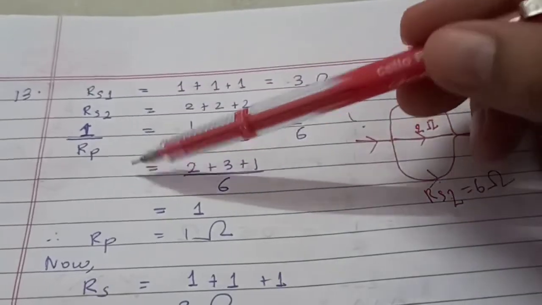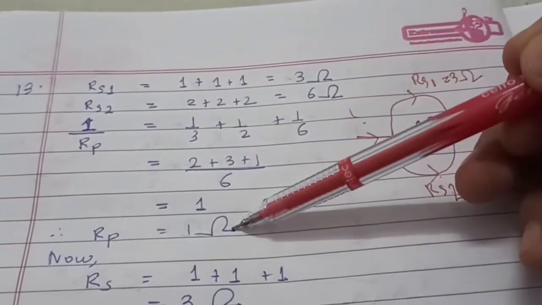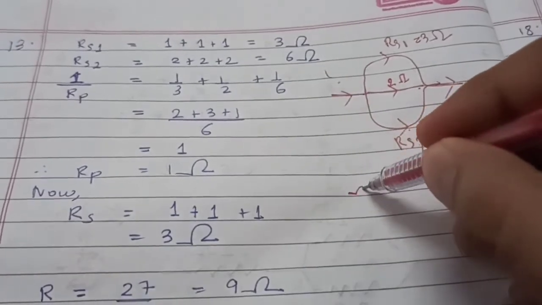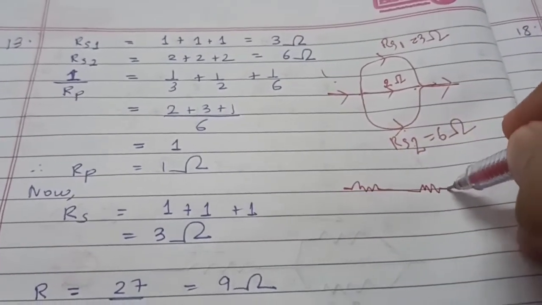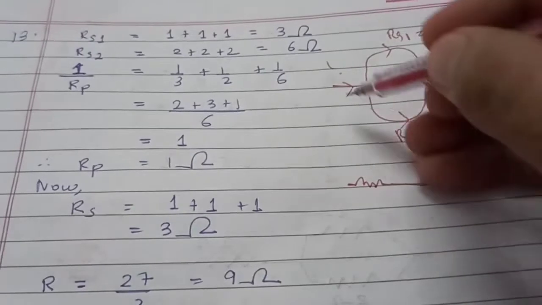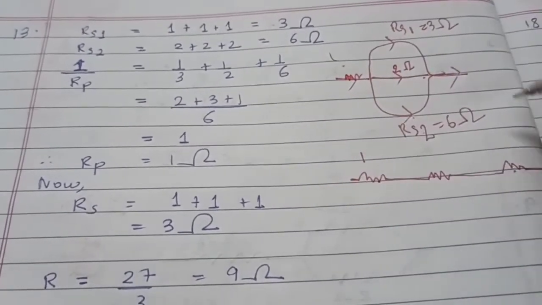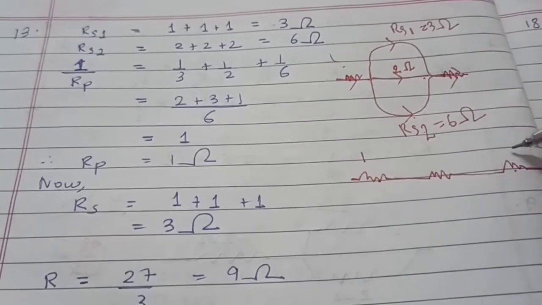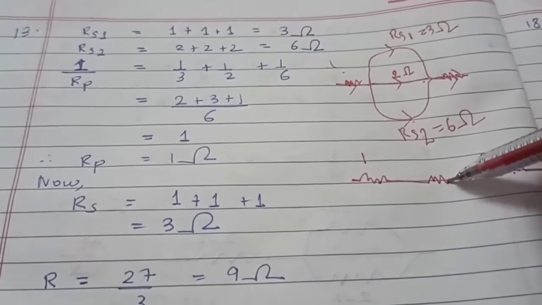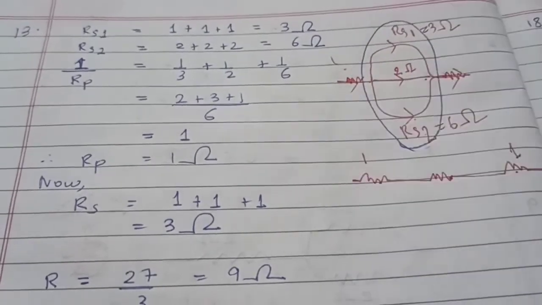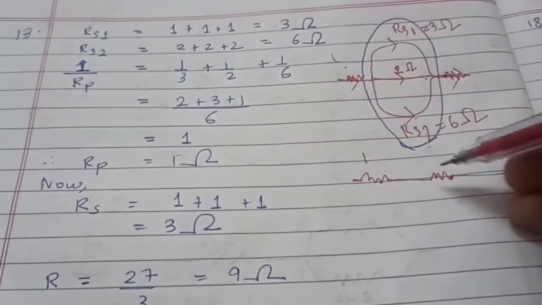So 1 upon Rp is this. Don't forget the reciprocal in the end, which is 1 ohm. So now this diagram becomes something simpler. So this resistance was here, which is 1 ohm. This resistance was here, which is also 1 ohm. And this is the effective resistance of all of this, which was how much? 1 ohm. So let me just put 1 ohm.